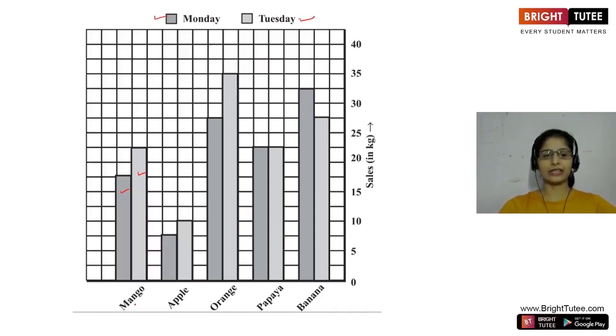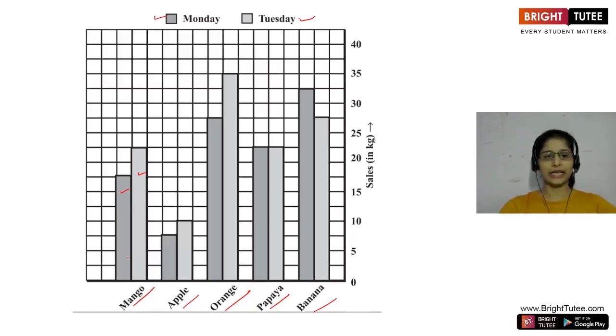Here are the fruits written: mango, apple, orange, papaya and banana. On the vertical line, what we are showing? Sales in kilogram, like 0 kilogram, 5 kilogram, 10 kilogram, 50 kilogram and so on. So this double bar graph is showing us a comparison between Monday and Tuesday, the sales of different fruits.